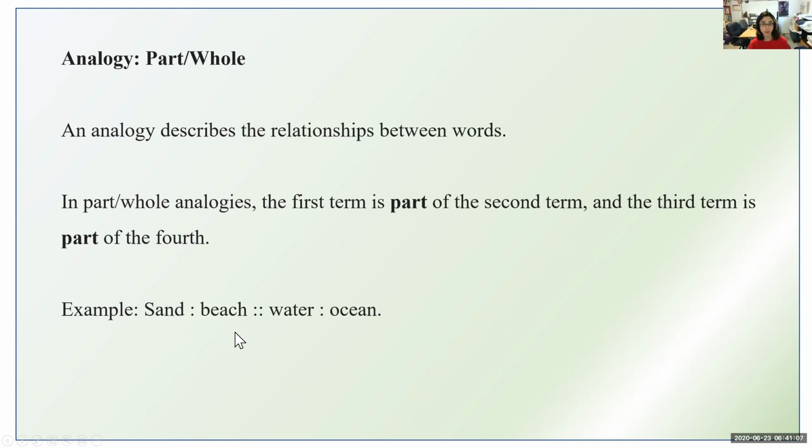So it's kind of like beach is the bigger picture and sand is the smaller picture. Sand is the part and beach is the whole. And then the third term, so water in this case, is part of the fourth, ocean. So water is a part of the bigger ocean. So again, sand is to beach, just as water is to ocean.